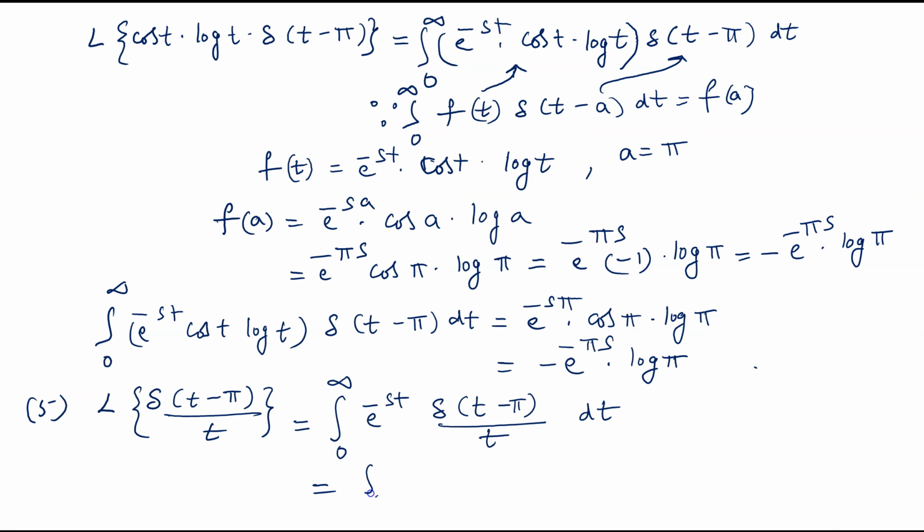Now this can be written as integral 0 to infinity e power minus st by t into delta of t minus pi dt, right?